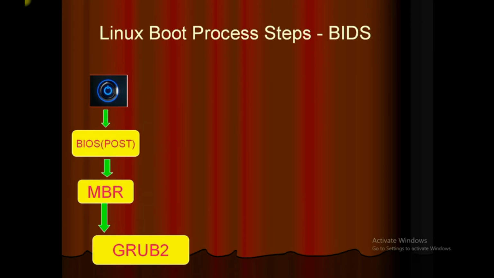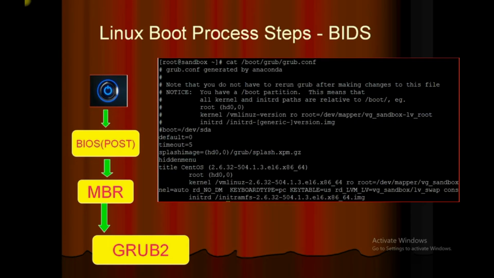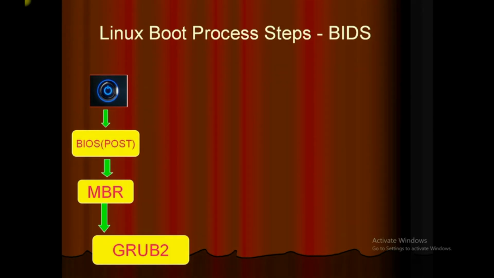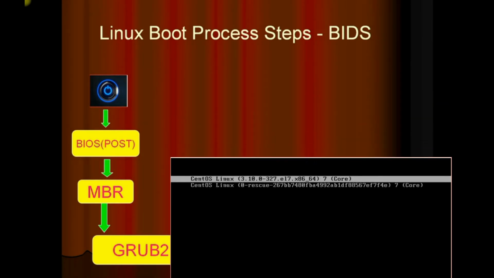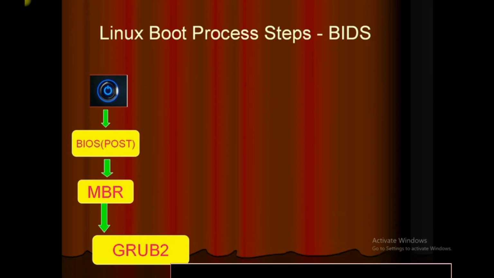Either you can select one, or if you don't select it, it will take its default information, which is located in the /boot grub configuration file. This is the place where you can see the splash screen asking for a selection of the available kernels, and if you don't select, it will select the default available in the boot grub configuration file.